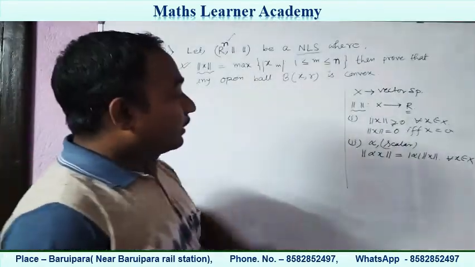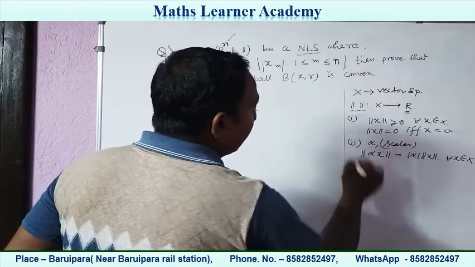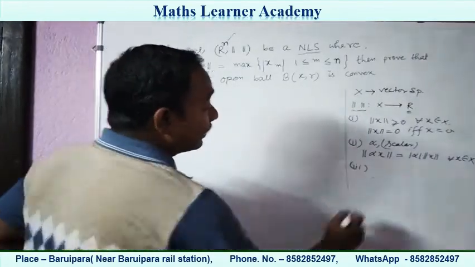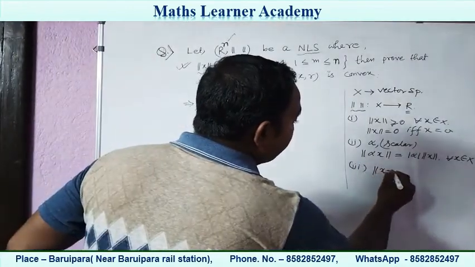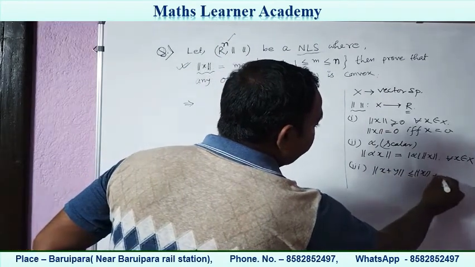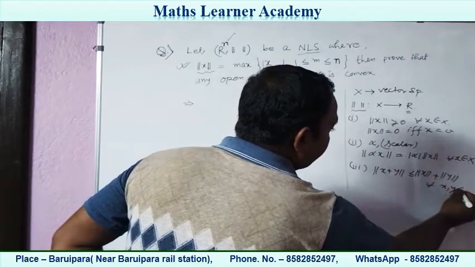The next condition we need to be satisfied by the norm, condition 3, is called the triangle inequality, which is norm of x plus y is less than or equal to norm of x plus norm of y, for all x, y belongs to X.